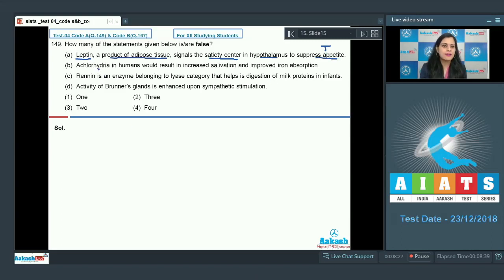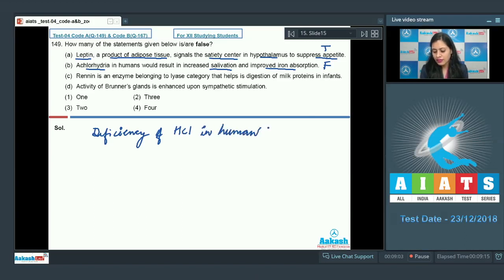The next statement is achlorhydria in humans would result in increased salivation and improved iron absorption. And this is a false statement because achlorhydria is the deficiency of HCl in the human body.